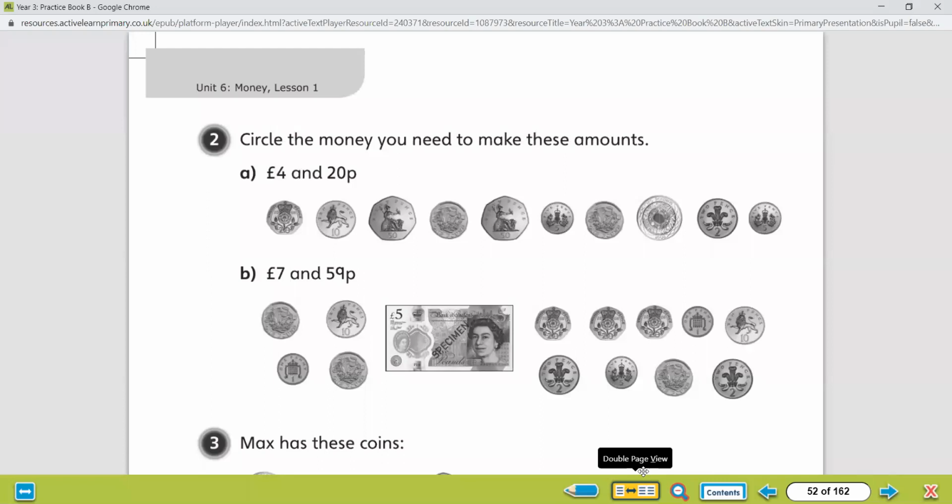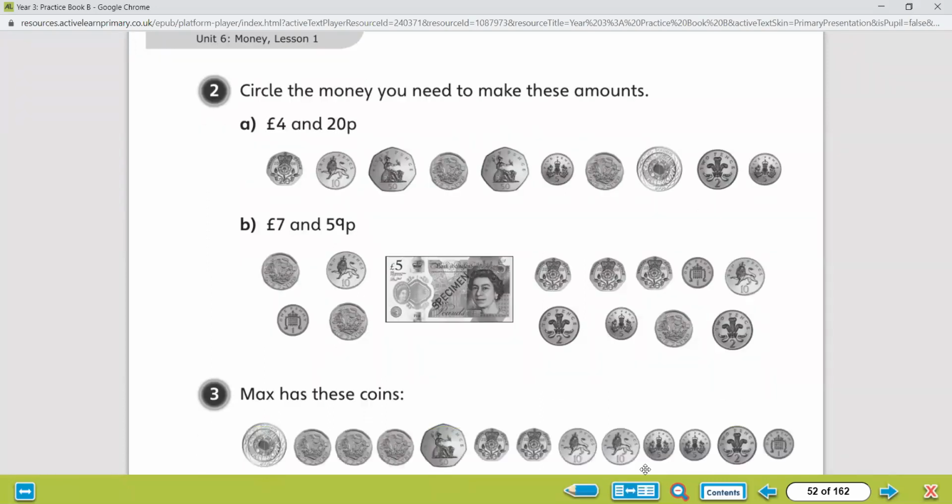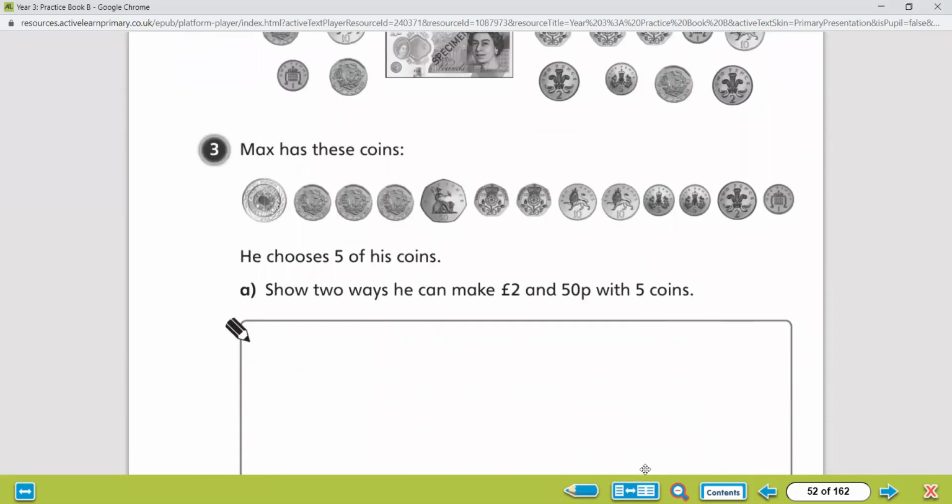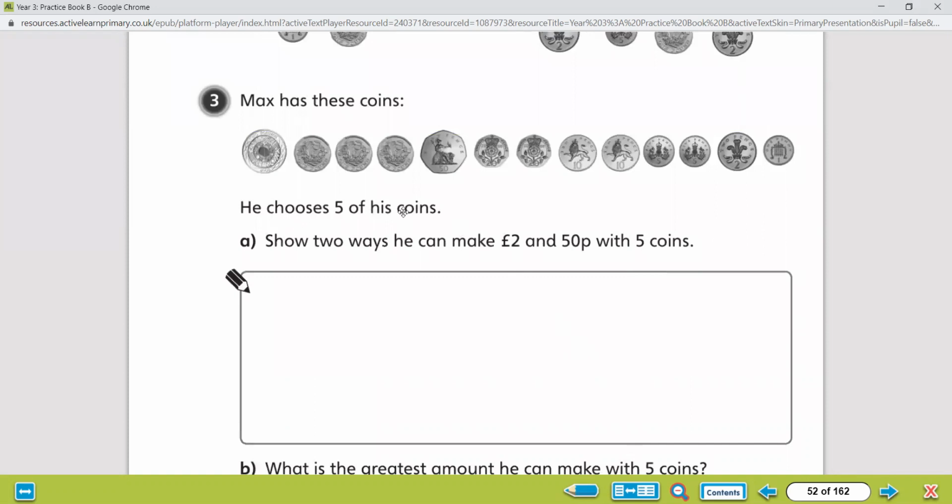Let's have a look at question 3. Question 3 says Max has these coins and he chooses 5 of his coins. We've got to show 2 different ways he can make £2.50 with 5 coins. So let's look at the coins that he's got. I'm going to show you the answer.